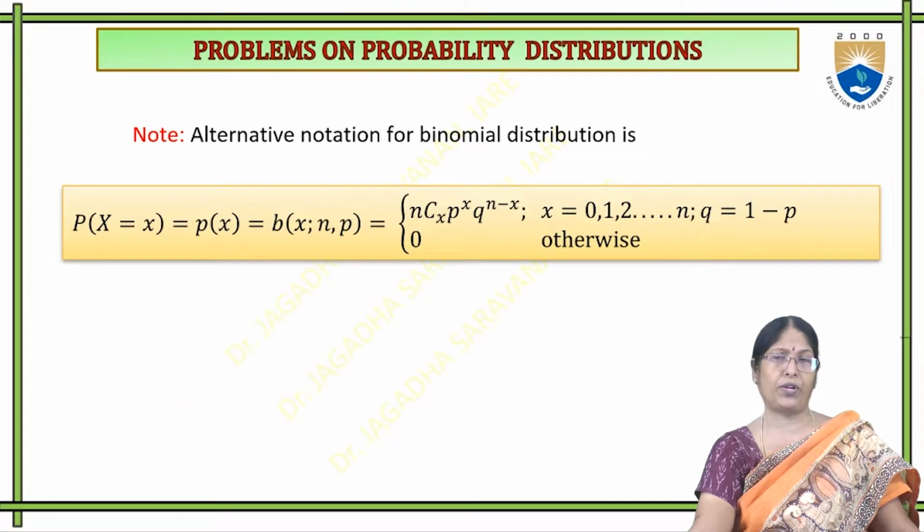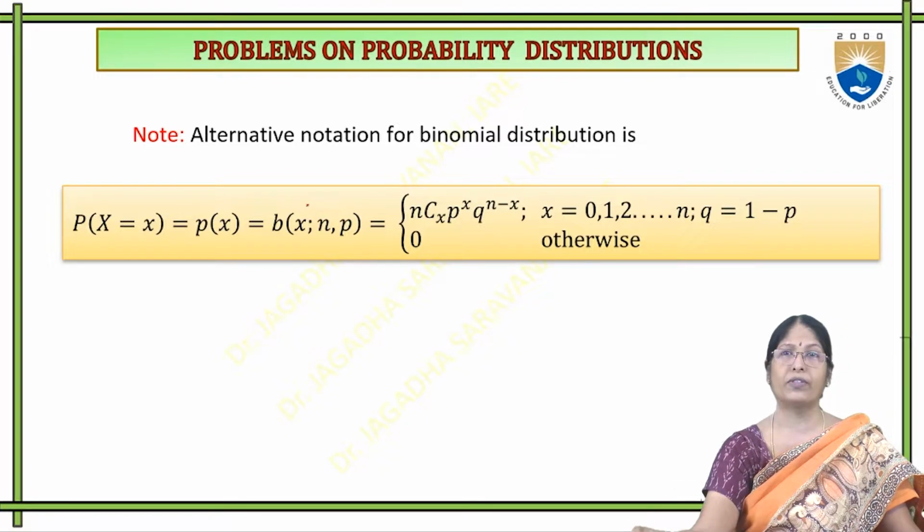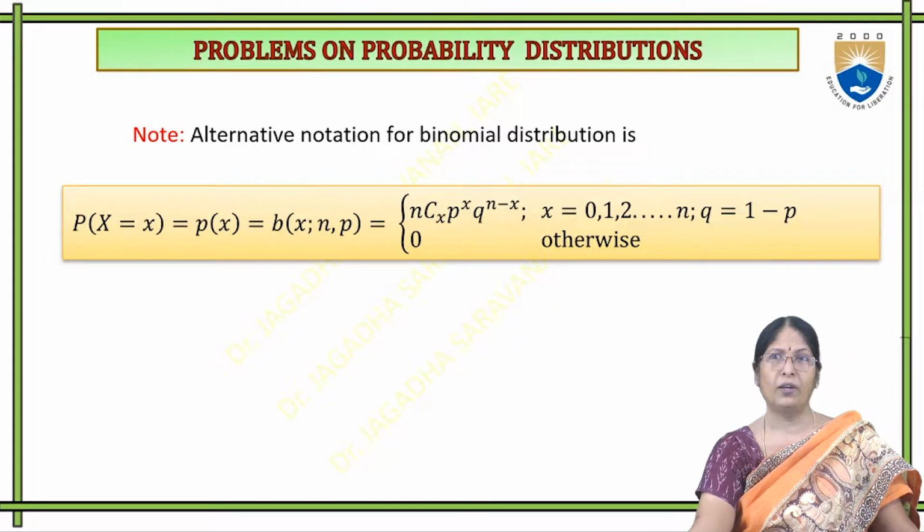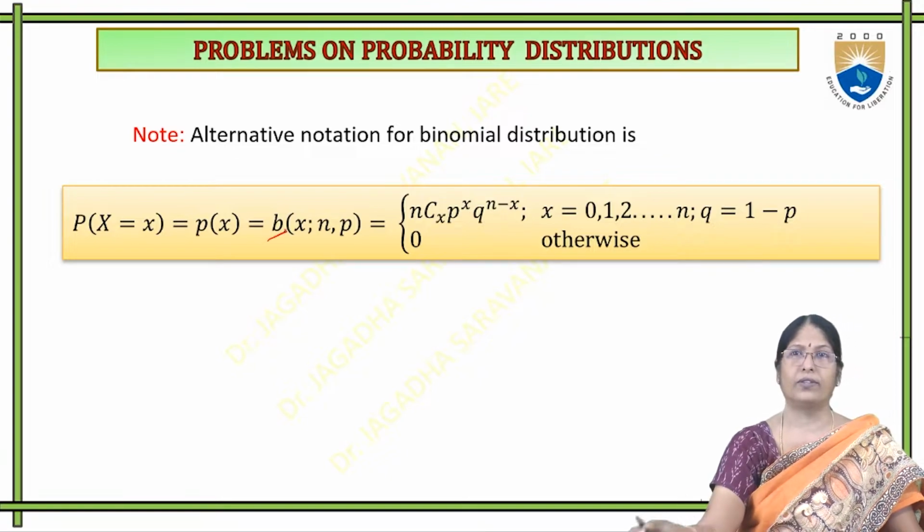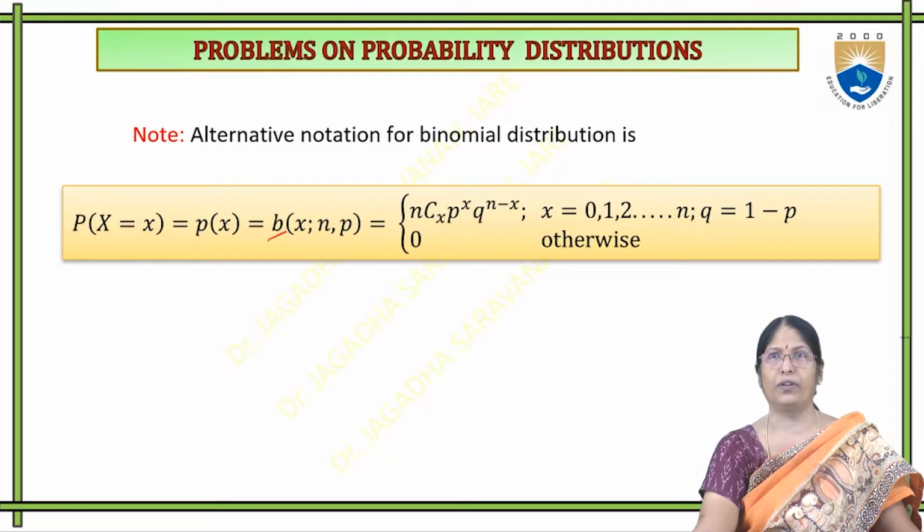In the previous slide we used the notation r, but throughout this video lecture we are going to use the notation X. Here B represents the binomial distribution.